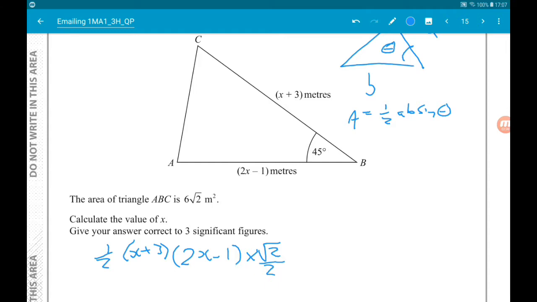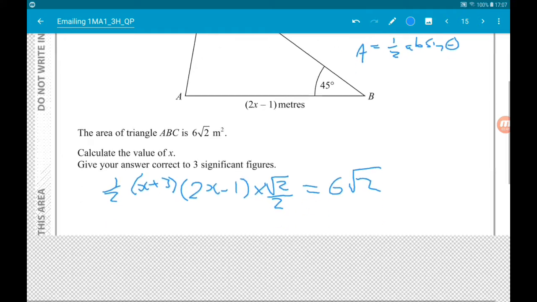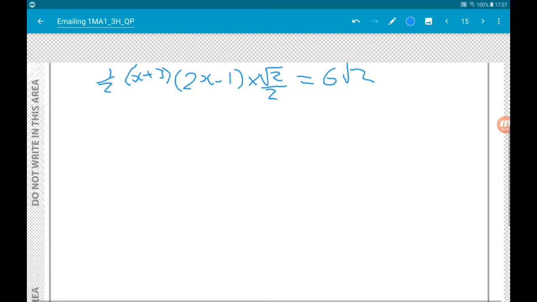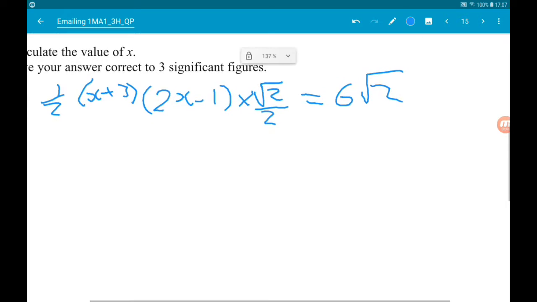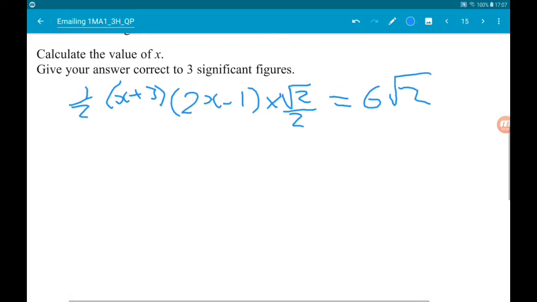Well, we know that that is equal to 6 root 2. Now, as soon as we got that, we don't care about the triangle anymore. We now want to solve this equation for x. Okay.